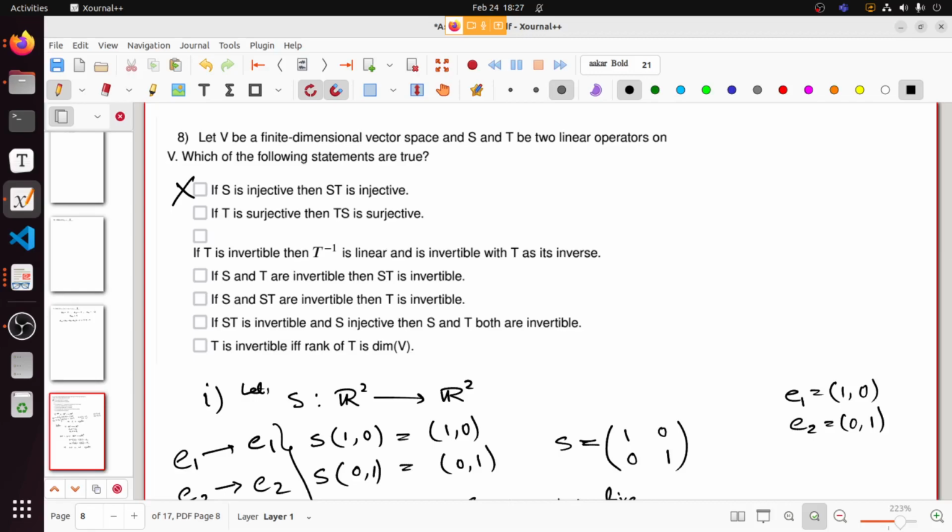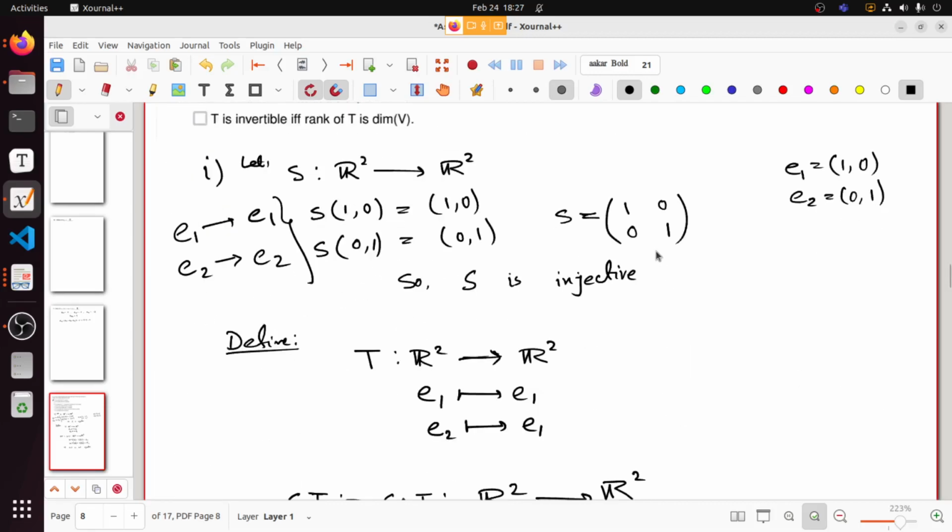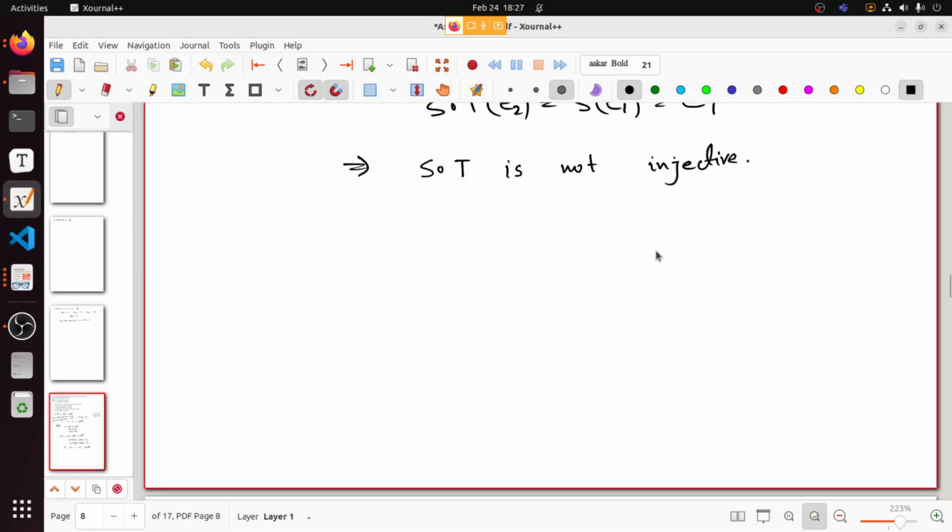What is it saying? If T is surjective, then T compose S is surjective. Again we show that this is not true. We have to construct an example where T is surjective and T compose S is not surjective, right? So option number 2. T is surjective first, so let's define S from R2 to R2 again.